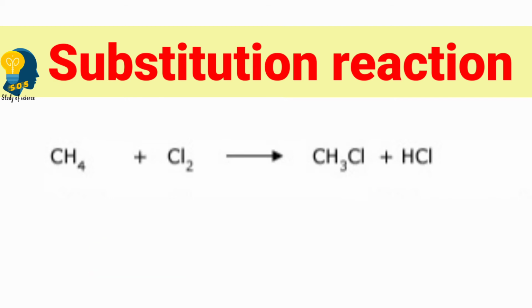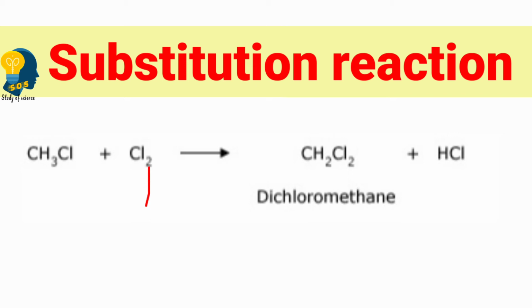Let us move towards the next step. See, now we have chloromethane, CH3Cl. And for this chloromethane, when we add chlorine in the presence of sunlight, again this chlorine replaces the hydrogen.